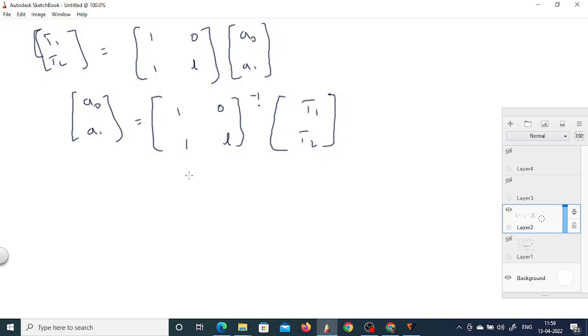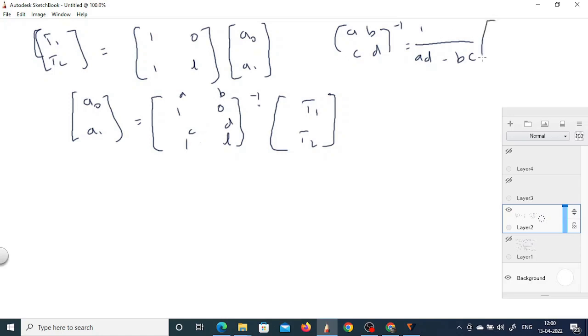I consider the matrix A, B, C, D. The inverse first has the formula 1 divided by A into D minus B into C.